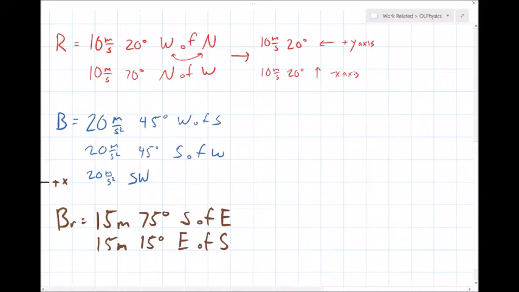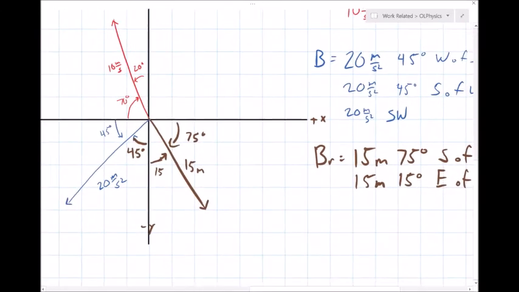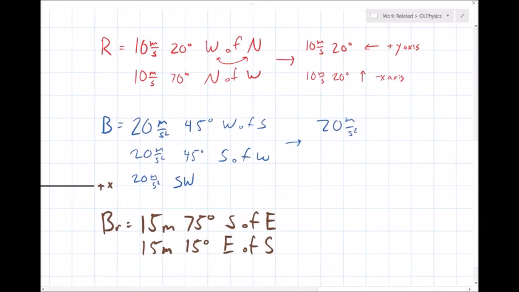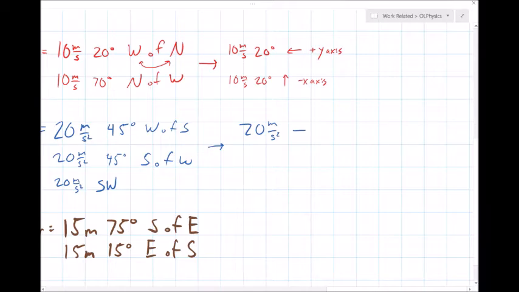So just to continue that really quickly, just so that we're all on the same page, these then would change into 20 meters per second squared. We're going west of south, so we'd be going towards that left direction, rotating that way off of our negative y-axis. 20 meters per second squared.